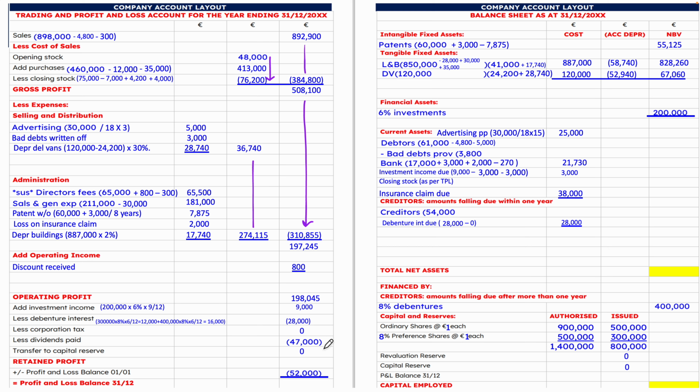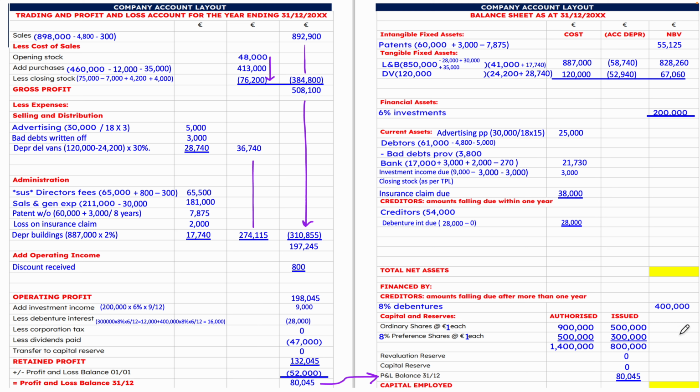I take away my dividends paid. I had no transfer to capital reserve, I wasn't asked to do that. That is a retained profit of 132,045, and I take away my 52,000 loss that I made from last year, and that gives me a profit and loss balance of 80,045 euro, which I will be bringing over to my balance sheet.